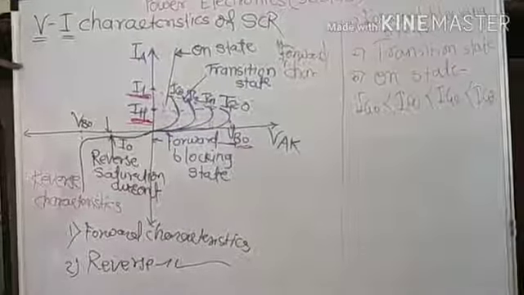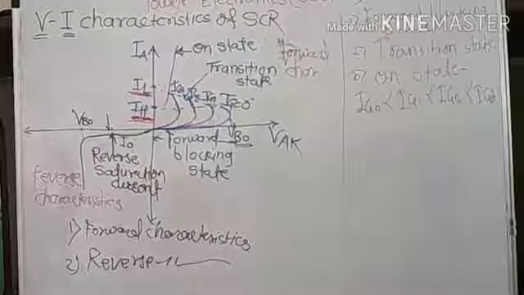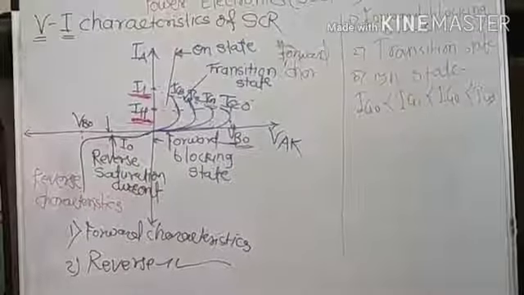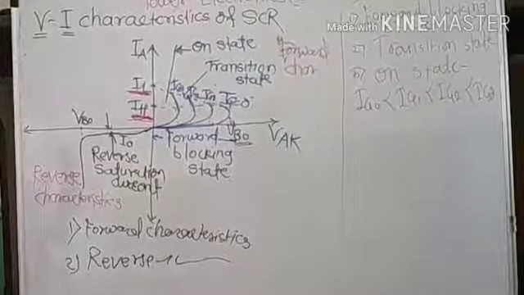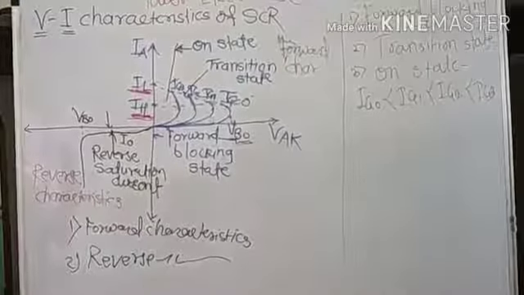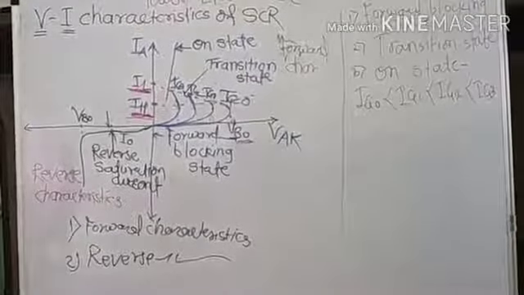But its disadvantage is that to turn off the SCR we need extra circuitry. We call these commutation techniques or commutation methods, which are required for turning off the SCR. We can use class A, class B, class C, class D, class E and class F commutation techniques for turning off the SCR.